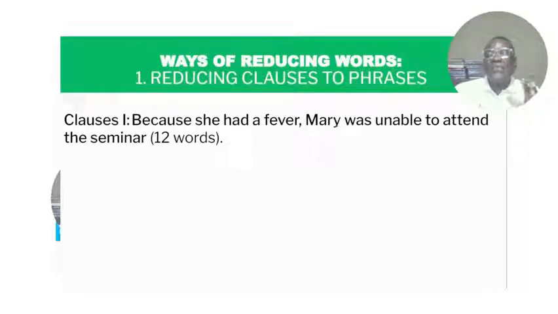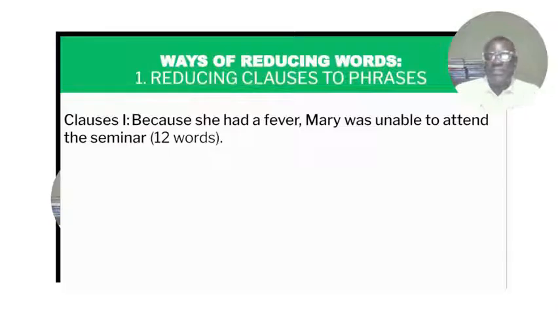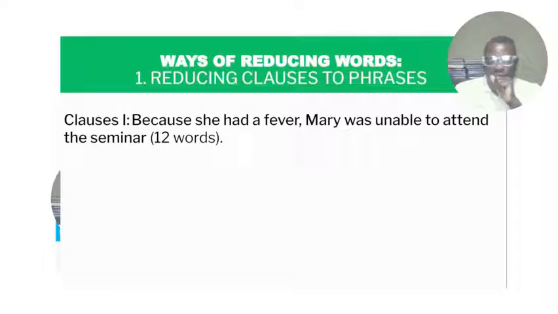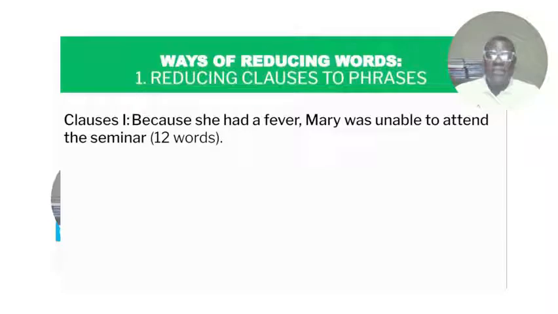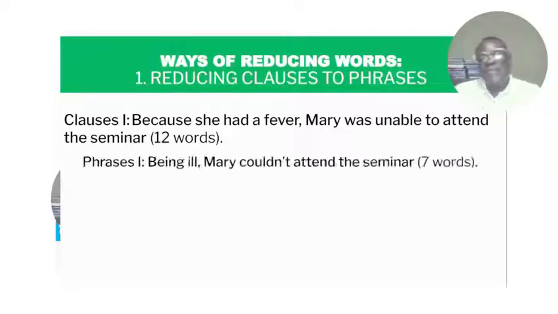And if we are using this method of reducing clauses to phrases, then we pick one of the clauses and we reduce it to a phrase. Now let's look at the first clause. Because she had a fever could be reduced to a phrase. You know, we can say being ill or being sick or being feverish if you like. Okay?